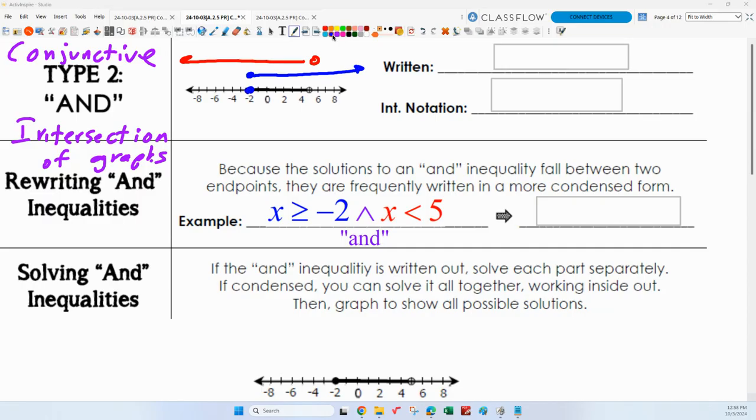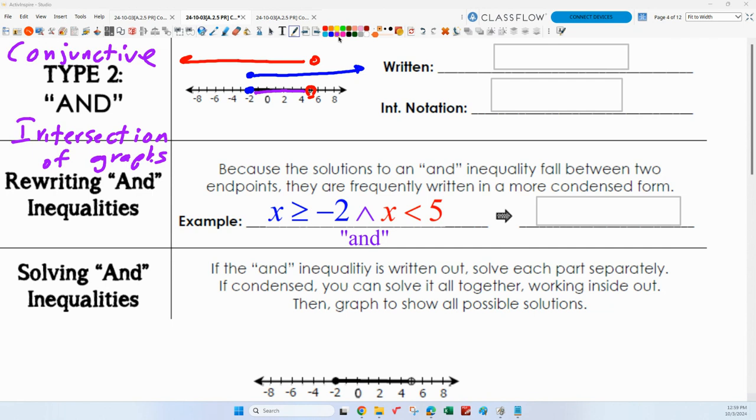We had our blue endpoint and our red endpoint, but the and inequality is only going to graph the overlapping region between the endpoints. Okay, so look at what an and inequality looks like, a compound and inequality. Instead of having oars on a boat that extend out forever, it's got one smaller interval with endpoints on both sides. Okay, that's kind of what we should expect those to look like, except in some weird cases.